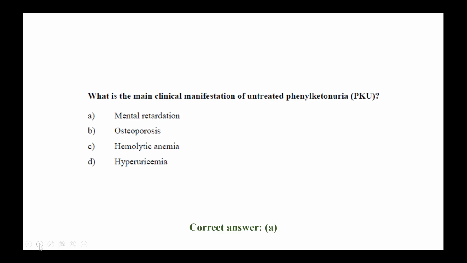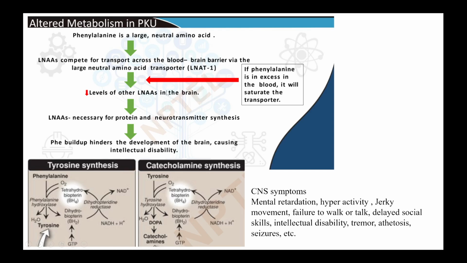Yeah, catecholamines are there. Along with that, coming to your first question, that was why phenylalanine restriction is important. Phenylalanine itself is a neutral amino acid, right? And it blocks the neutral amino acid transporters that are there in the brain. We have different neutral amino acid transporters in the brain, and those are required for neurotransmitter synthesis.